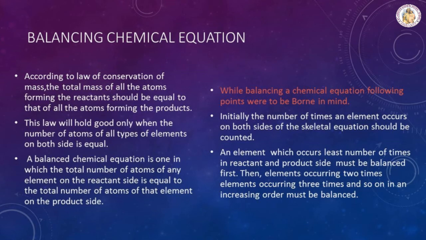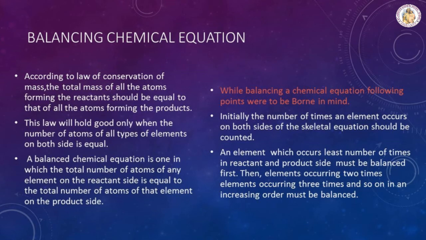While balancing a chemical equation, the following points ought to be borne in mind. The first one: initially the number of times an element occurs on both sides of the skeletal equation should be counted. Then an element which occurs the least number of times on the reactant and product side must be balanced first.